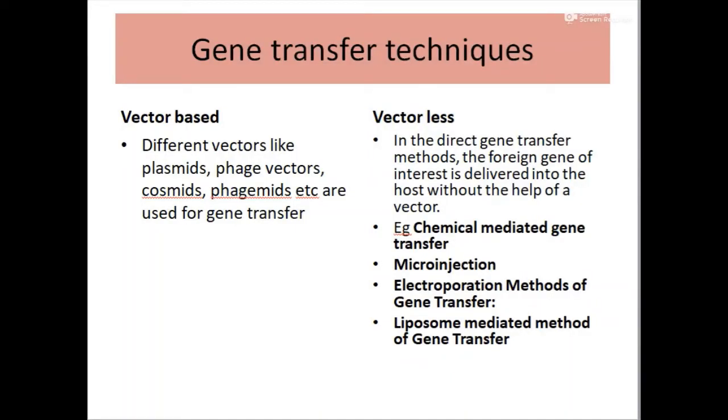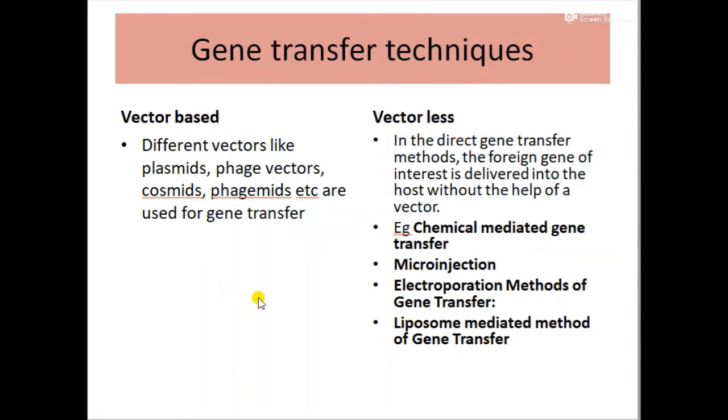When you intend to put a gene of interest into a host cell, sometimes you might have produced a recombinant DNA using a vector, or sometimes you might have just taken some naked DNA and you would try to put it into a host cell by vectorless methods.